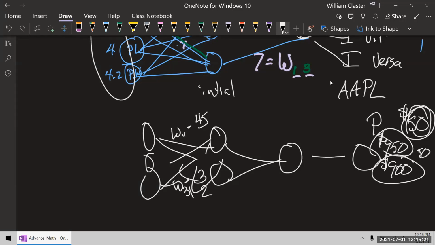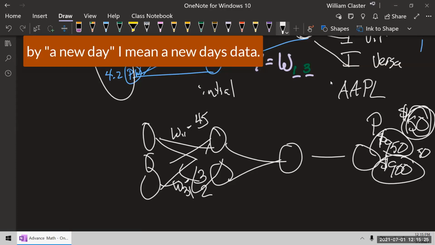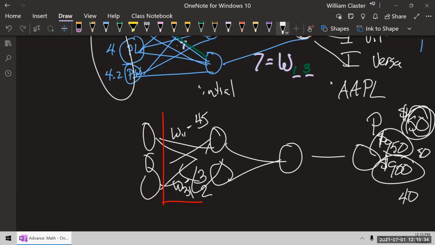And then we do a new day, we make a new prediction, and maybe this time the error is 40, and then we go back and we change the weights again so that the error wouldn't have been as big as 40. Maybe we could change the weights so that the error would have been 0.